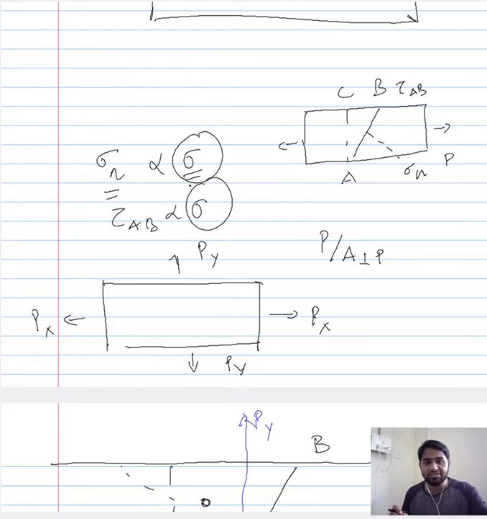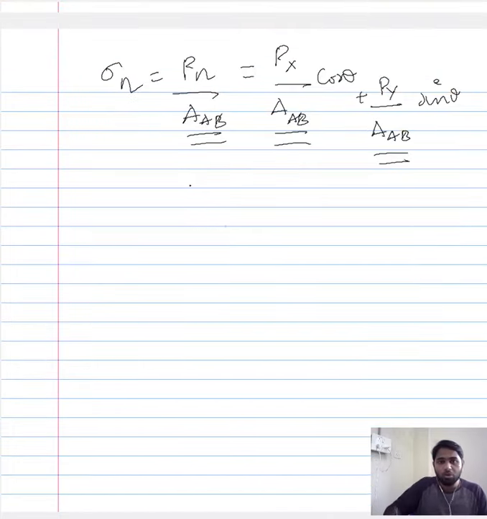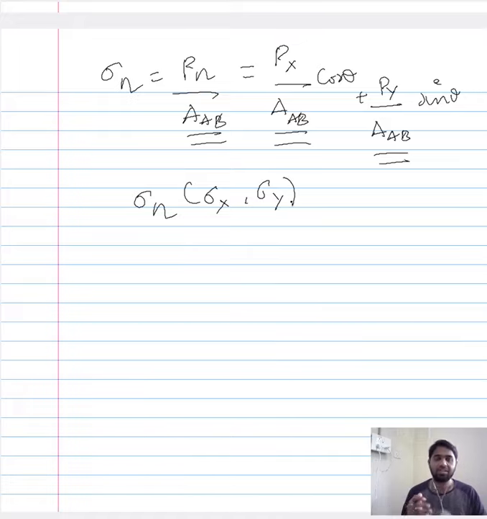So we want to express this normal stress in terms of the stress acting along the x direction and the stress acting along the y direction. This is because now, instead of uniaxial tensile loading, we have biaxial tensile loading.